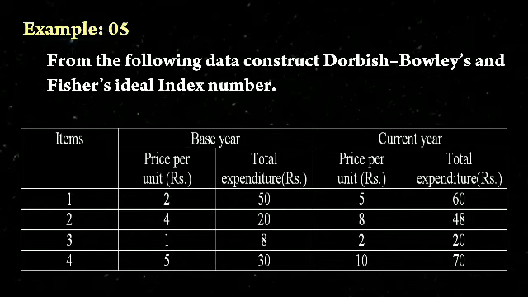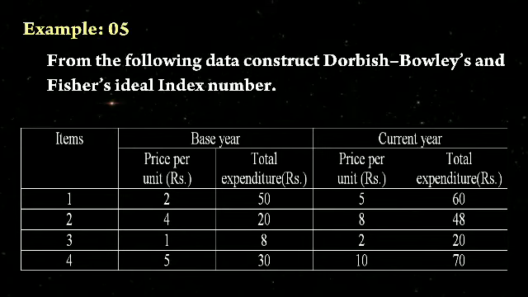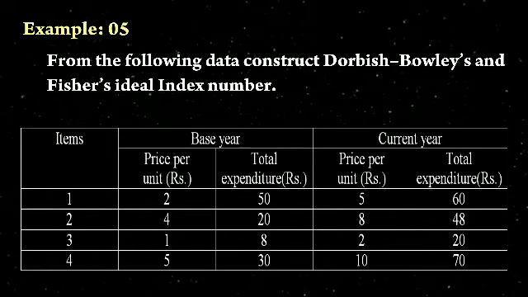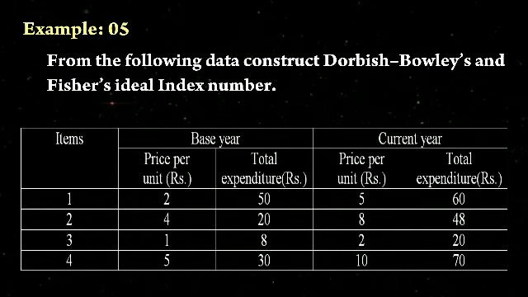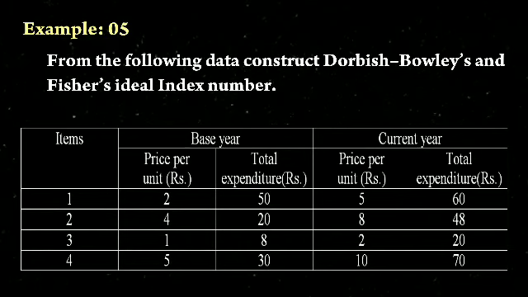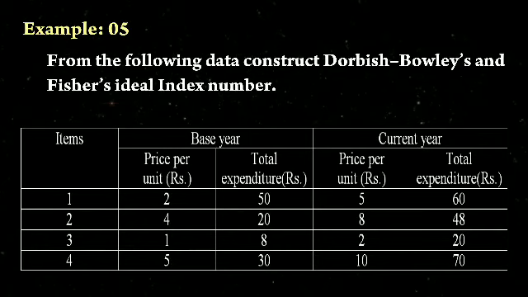You spend 30 rupees for 1 kg of rice. So 1 into 30, 30, that is the expenditure. Expenditure means it is the product of price into quantity.